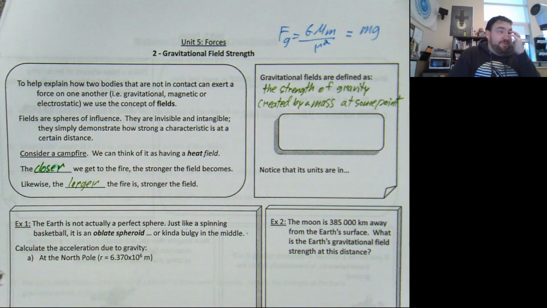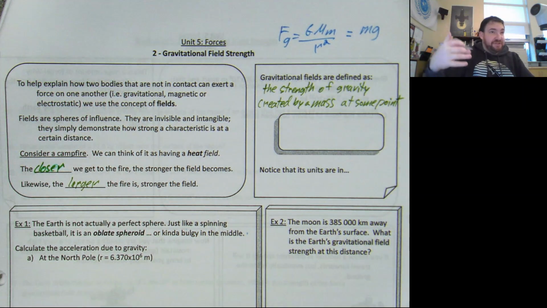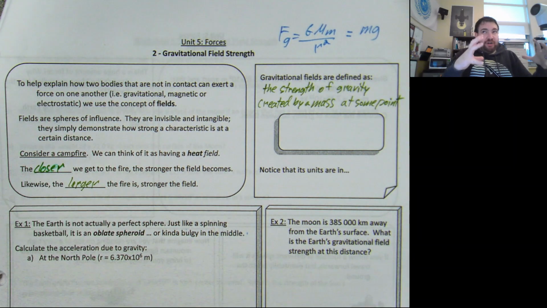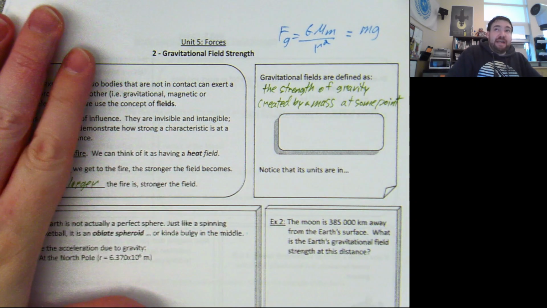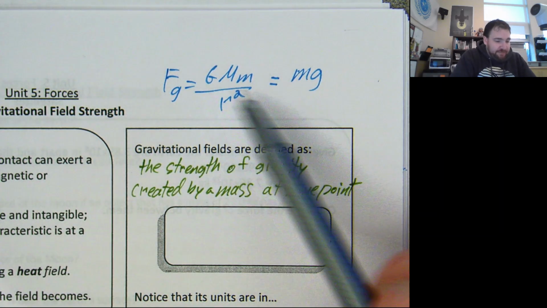And that point is allowed to change. So the gravity field is going to be stronger or weaker at different points in space around an object. And a gravitational field is a 3D shell around an object.